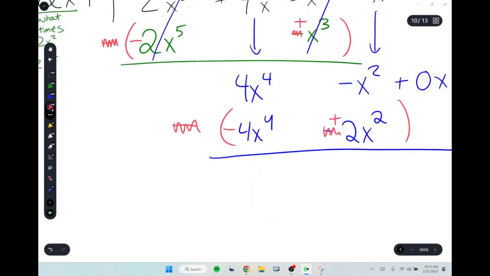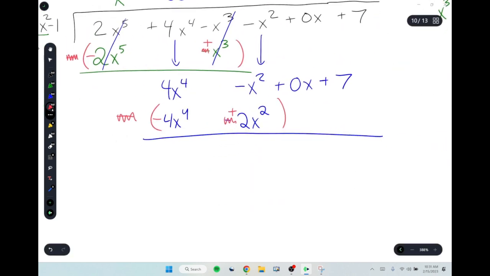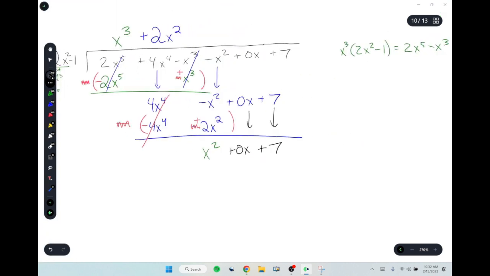So 4x to the fourth minus 4x to the fourth cancels out. Negative x squared plus 2x squared is x squared. Drop some stuff down. Plus 0x plus 7. Oh, it was this exact problem. We're about to end where we ended.